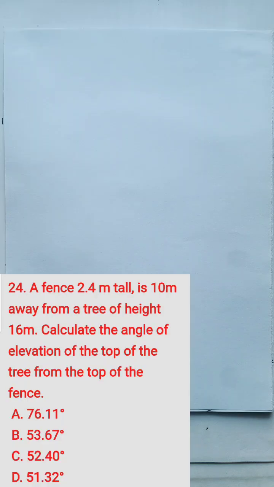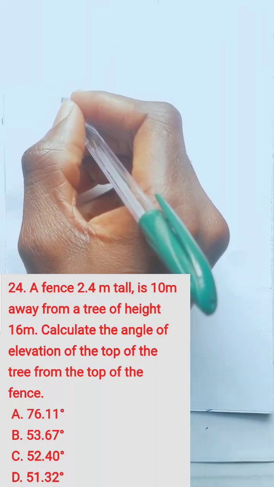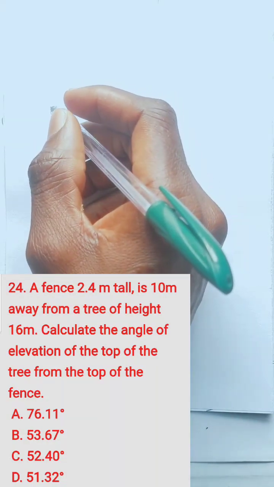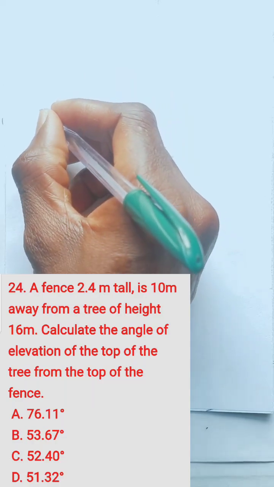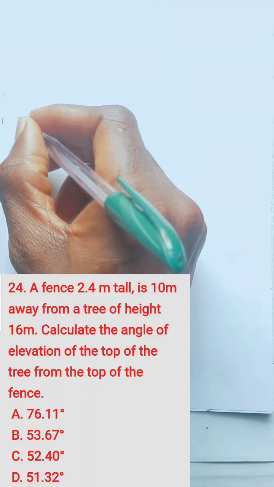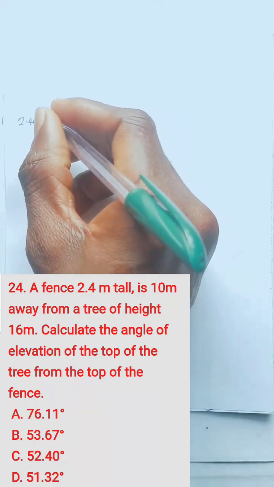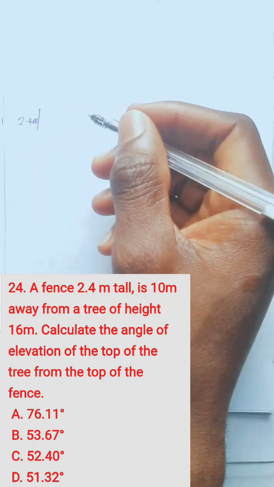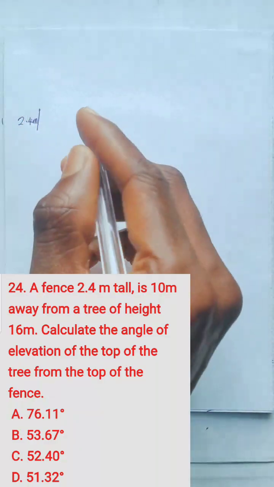Let's draw the diagram. The first thing I notice is that the fence is shorter than the tree. So the fence is just 2.4 meters, right? That's the fence. Whereas the tree is 16 meters, and it's 10 meters away.